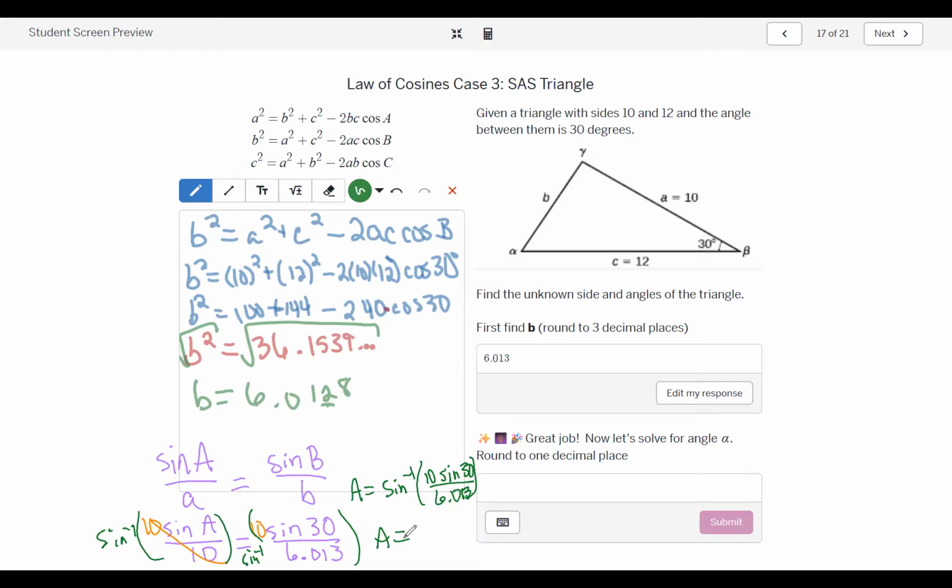Sine inverse, 10 regular sine 30, divided by that number. So 56.259. They said round to one decimal place, so 56.3.